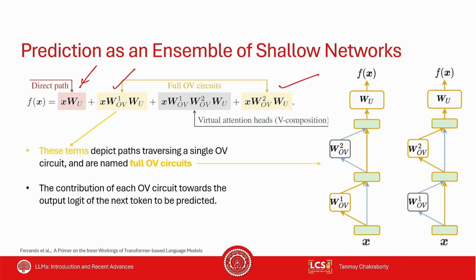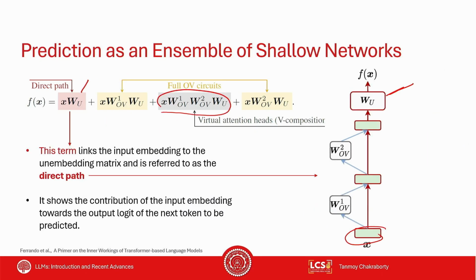This one and this one are called the full OV circuit, the full output value circuit, because for each of these you just need one OV circuit. The third one, the middle one, is very interesting. Here, you can think of this OV1, OV2 multiplication of two matrices, two circuits, as a single attention head, because this is ultimately a matrix multiplication.